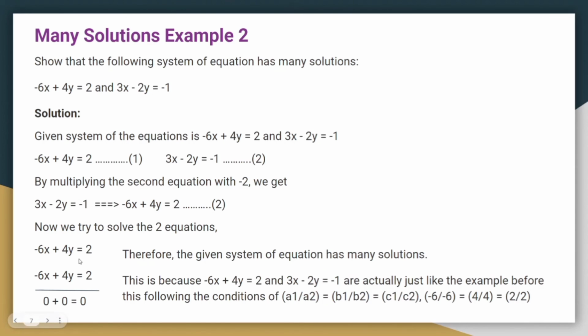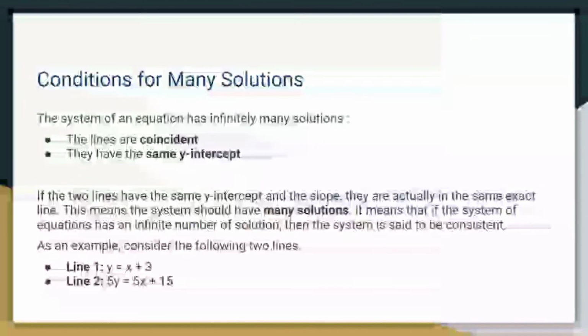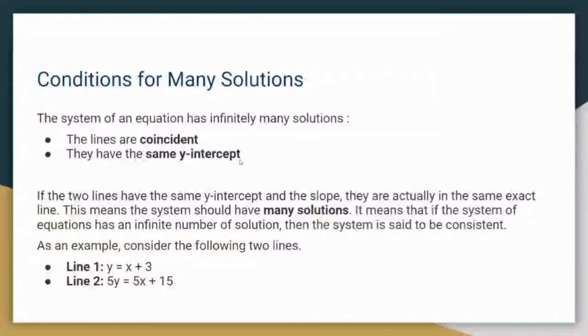So we can rewrite this equation into y equals mx plus c, which is 4y equals 6x plus 2, and the plus 2 is of course our y-intercept, the c. Since both equations are the same, the y-intercept for both equations is 2. Therefore, one condition is already met. They have the same y-intercept.